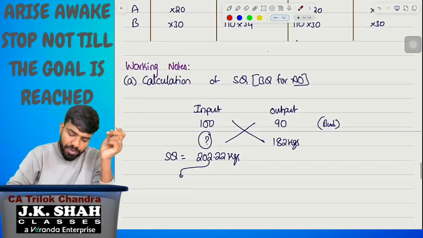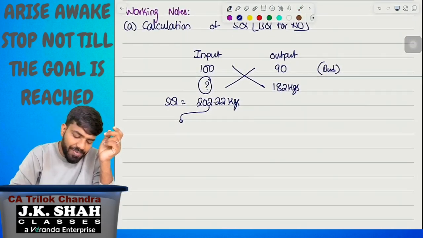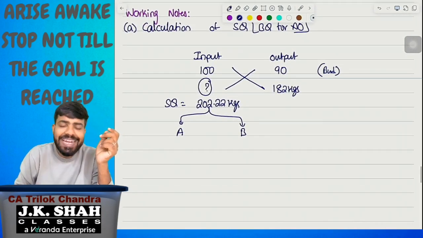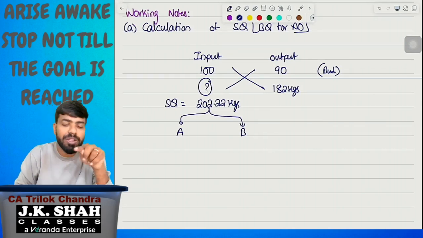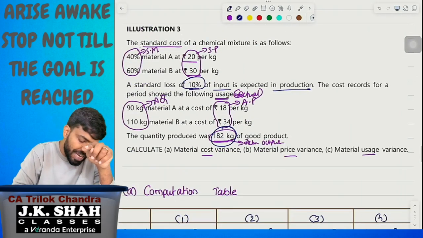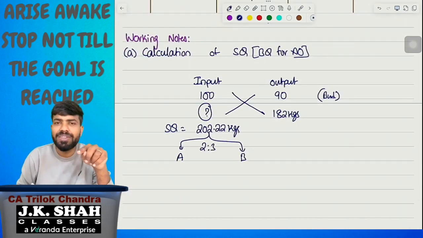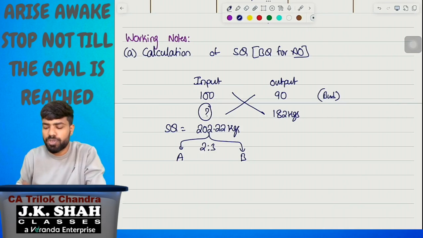Now this 202.22 kgs we need to bifurcate between both raw materials A and B. Standard quantity is in the standard mix proportion. Look at the question: the standard mix is 40%, 60%, which is nothing but 4:6, which is 2:3.